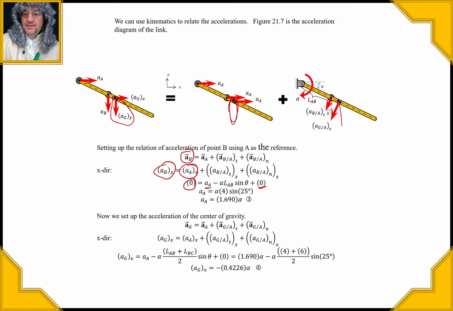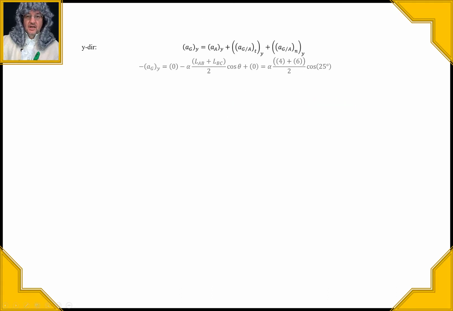And in the y direction, this is going to be downwards, and we're going to be taking the cosine of that theta right there. So here it is. We have 0 right here, and we have that cosine, and I think that negative should have stayed in there. We'll see in the next equation. Yes, we had it right, but maybe that negative should have still been in there.